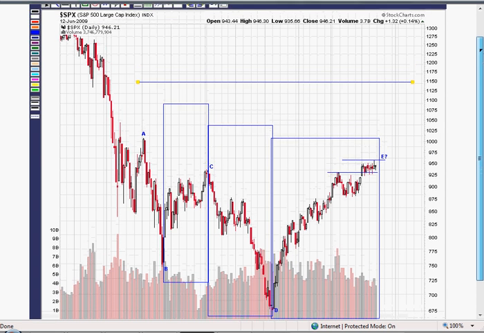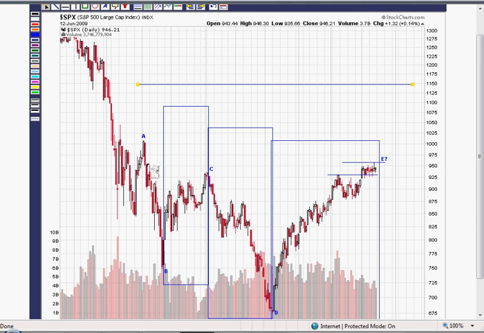And one thing I'm going to show is I have some labels here as far as A, B, C, D, E that I've had for quite a while, well, at least several weeks here, for potentially this being an expanding triangle type of pattern.